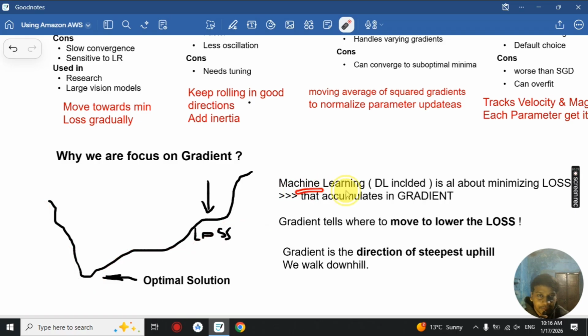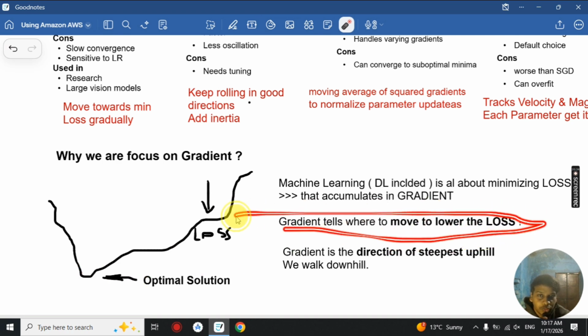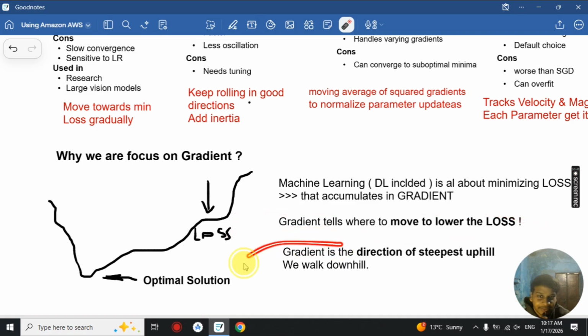In machine learning, it is all about minimizing this loss, and that accumulates in our gradient. The gradient only tells where to move to lower the loss. The gradient is the direction of the steepest hill.